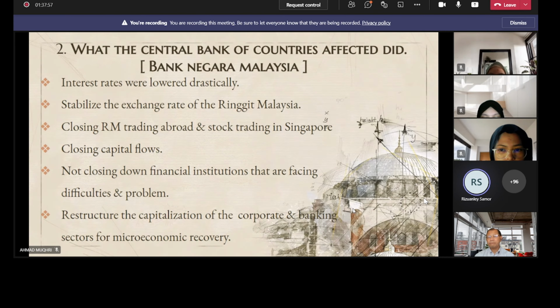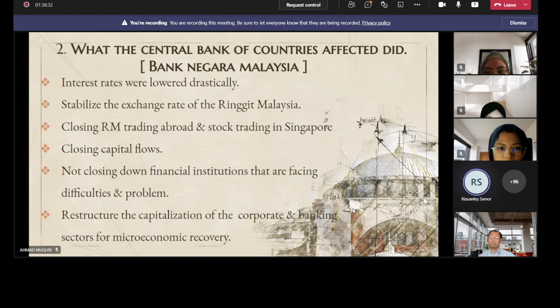Malaysia also, as you know, did not close down troubled financial and banking institutions as proposed by the IMF, because Malaysia disagreed with the IMF, and Malaysia also rejected the recovery package proposed by the IMF. The last point is Malaysia also restructured the capitalization of the corporate and banking sector for microeconomic recovery.